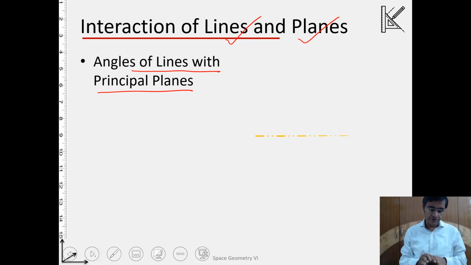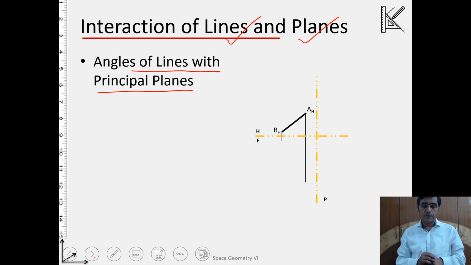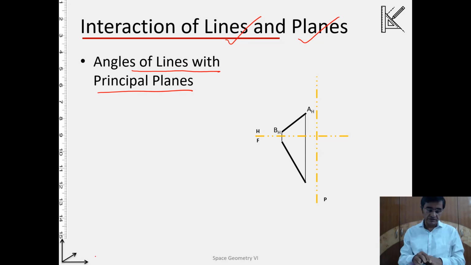Alright, let's do it. So to see this, I'll give you one projection of the plane, or rather I will say this is a line, because the plane in this case is a principal plane, and we want to determine the angle of line AB with the principal planes.